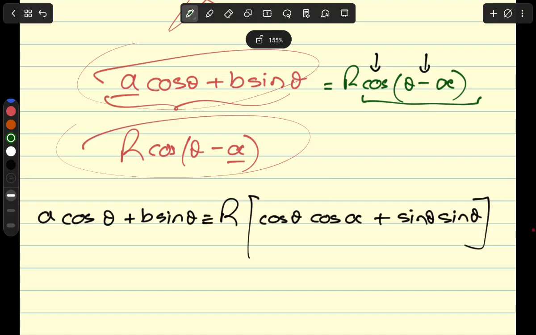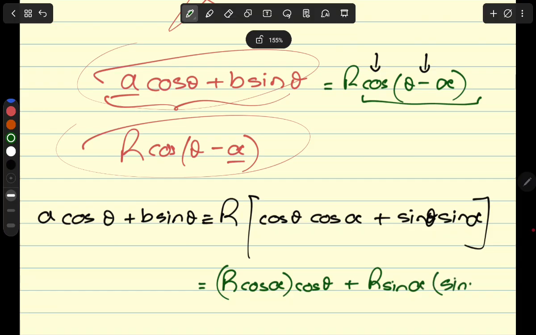Now, if I multiply the entire bracket with this r, which is getting multiplied outside, this becomes r cos alpha times cos theta plus r sin alpha times sin theta.